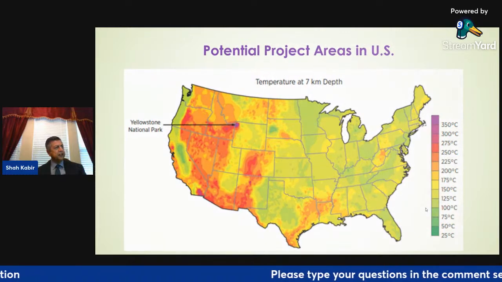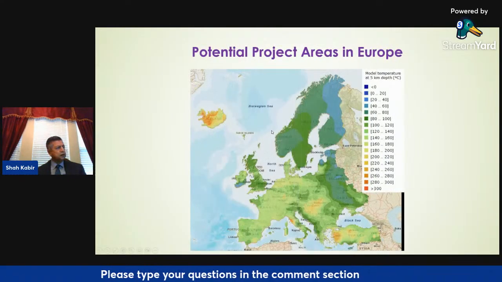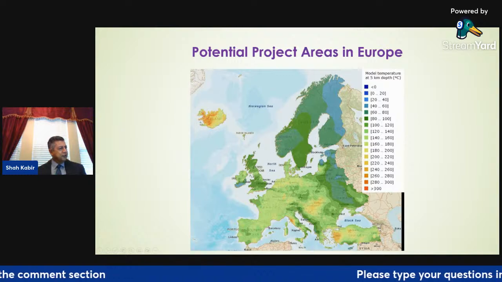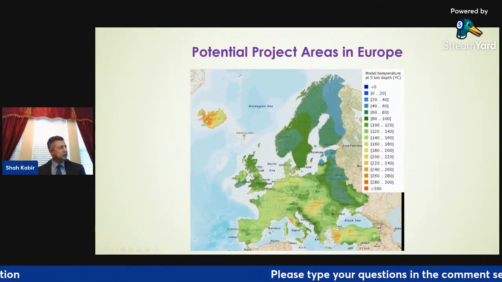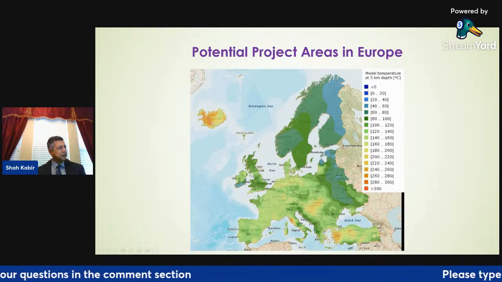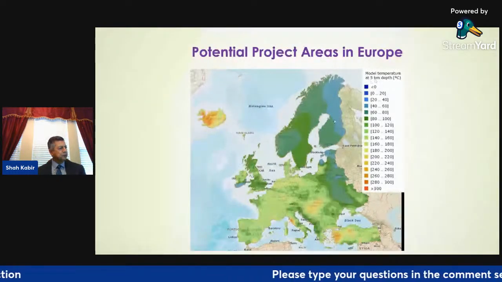So what's happening in some parts of Europe? As you can see, Iceland leads the way, even though the name Iceland may be a little bit confusing, but they have even 300 plus degrees Celsius temperature at only 5 kilometer depth.